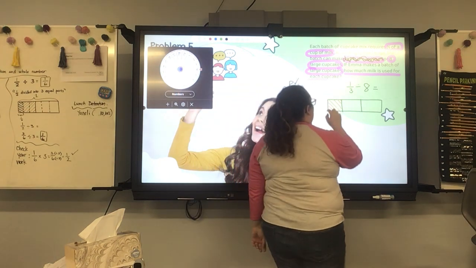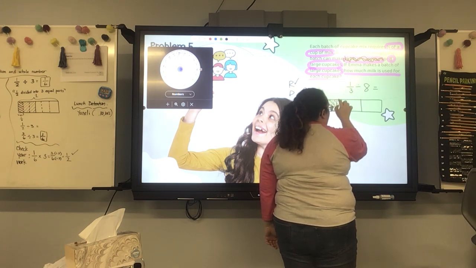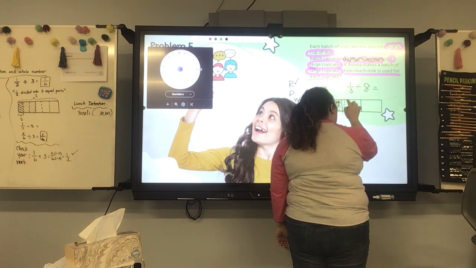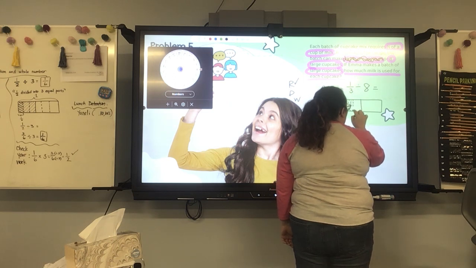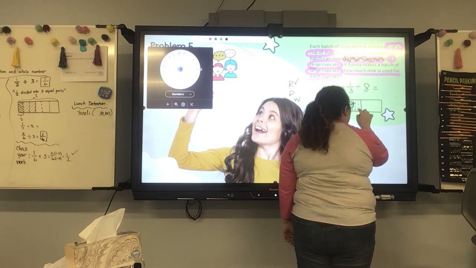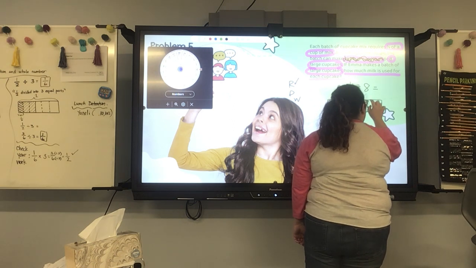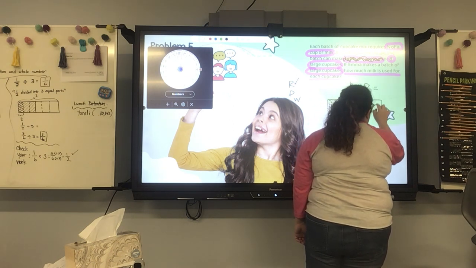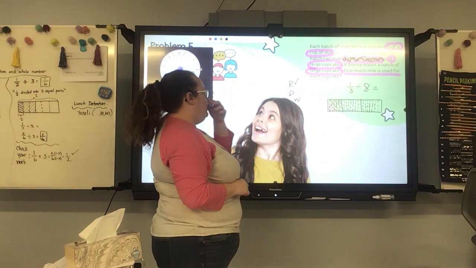Split it into 8 pieces. So I split it into 8 pieces.